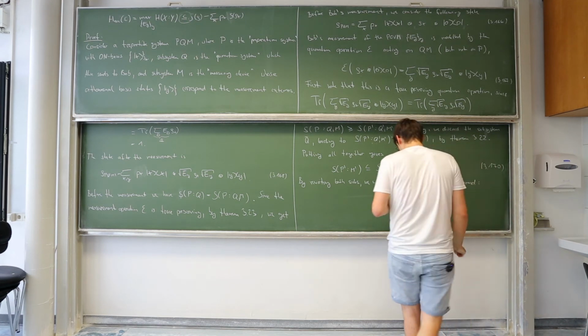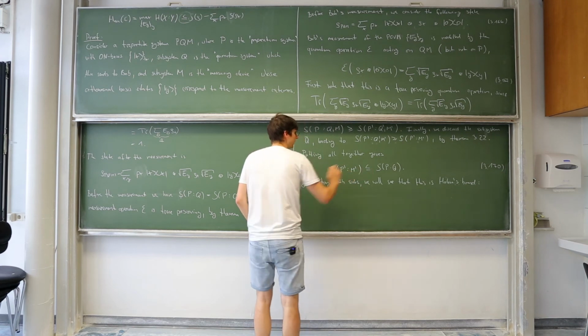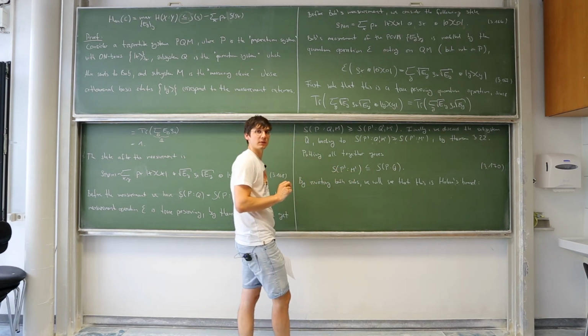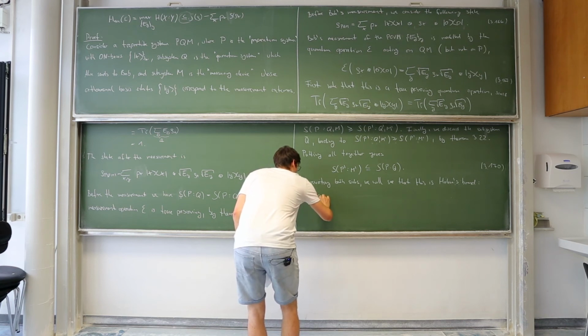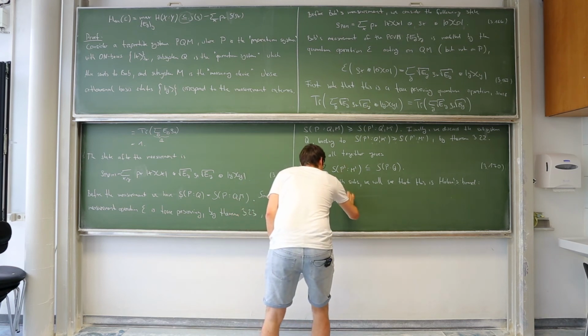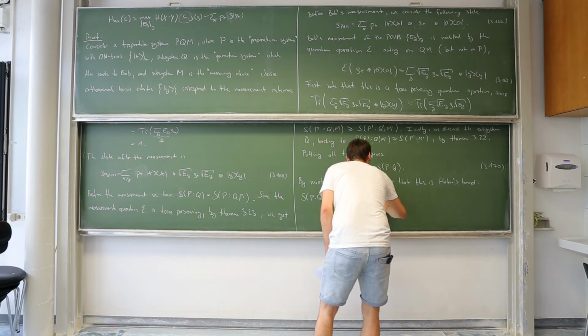So let's start with the right-hand side. Therefore we use the definition of the mutual information. So we start with S of PQ equal S of P plus S of Q minus joint entropy S of PQ.